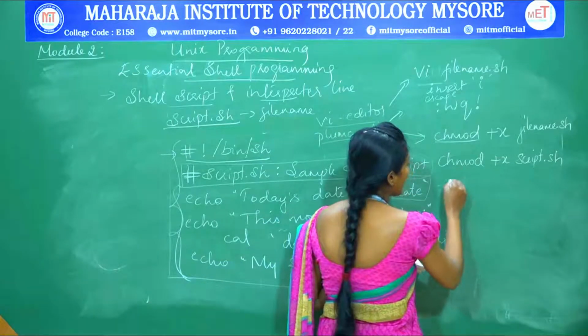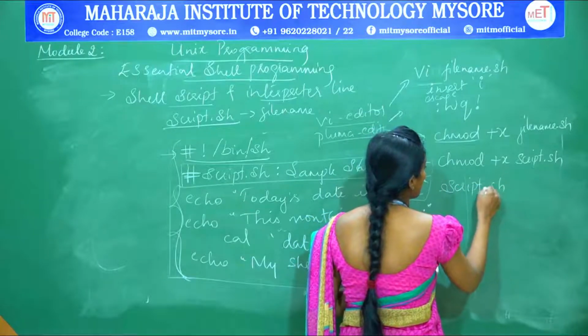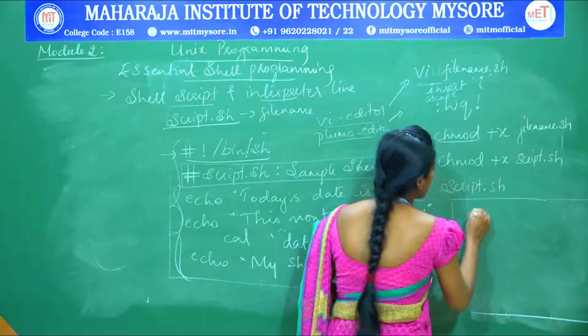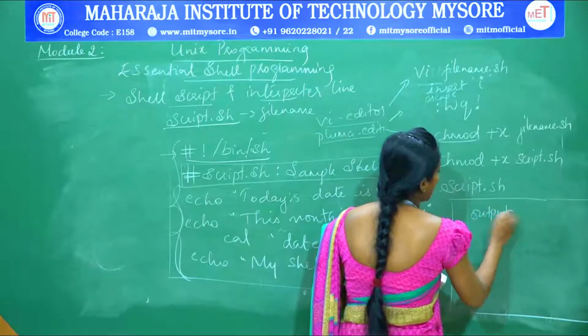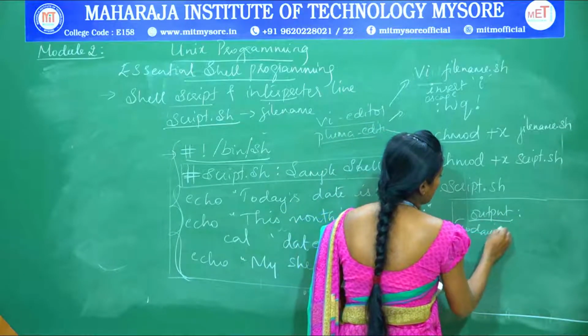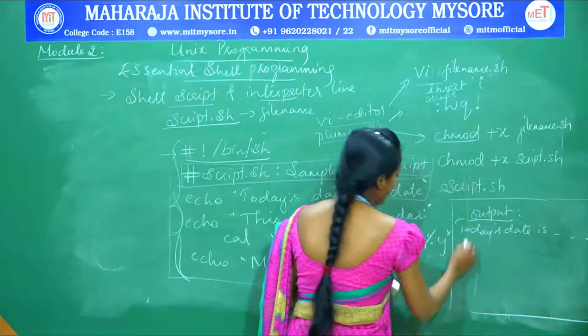Then for executing your program, you can just execute script.sh. This will get you the output. Below this you will get the output. The output is like today's date is, so today's date will be displayed here.